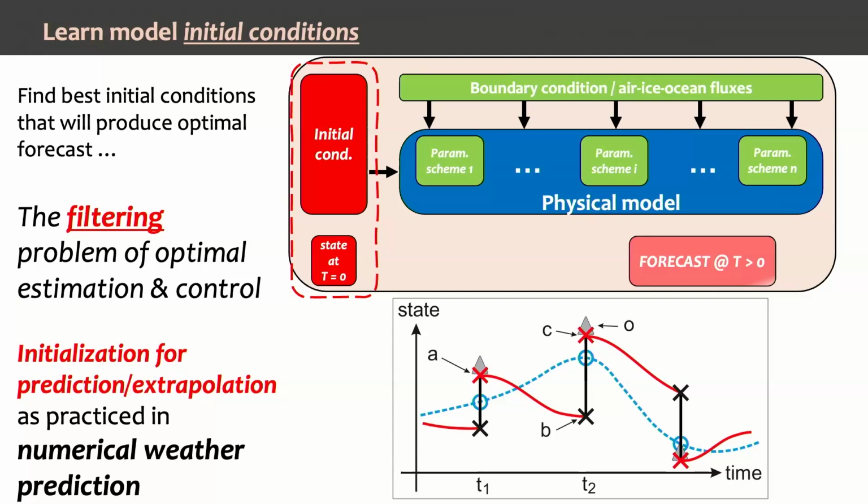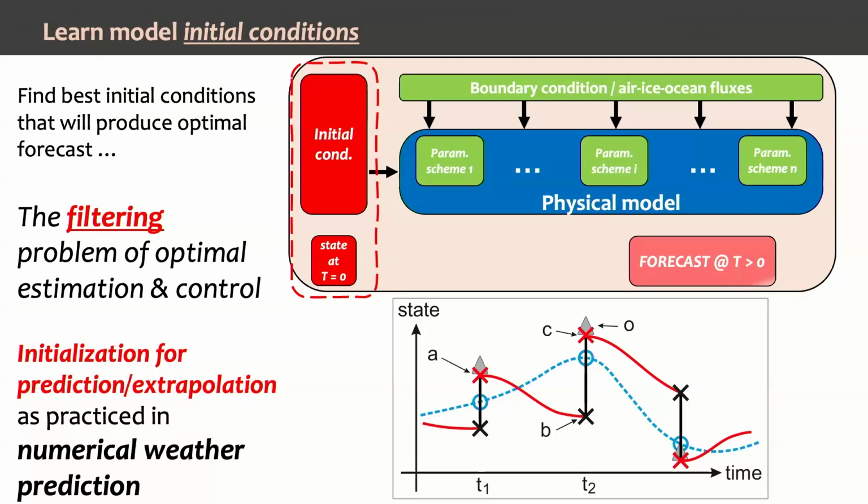But the problem with this, so this is great. This works really well for numerical weather prediction. But for climate reconstruction, I already point out here, these jumps are of course unphysical, right? So think about temperature at 1,000 meter depth, right?